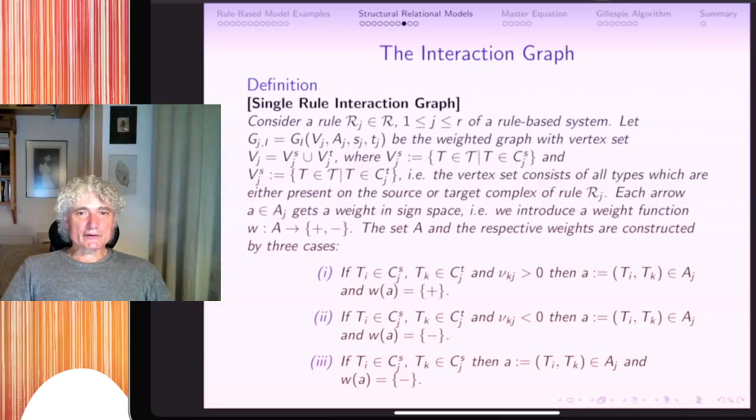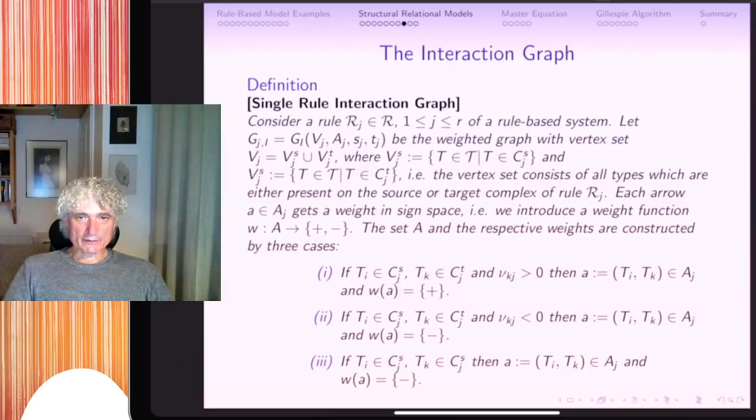So each of the rules first defines a certain single interaction graph, and later we will look at the union of all of them, going through all the rules, and that will define a total interaction graph of the system.